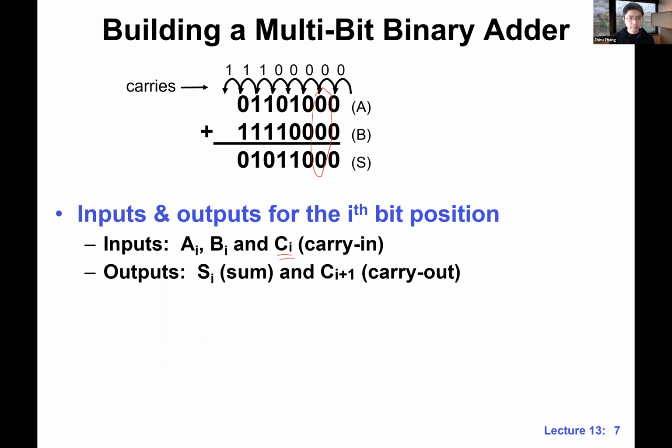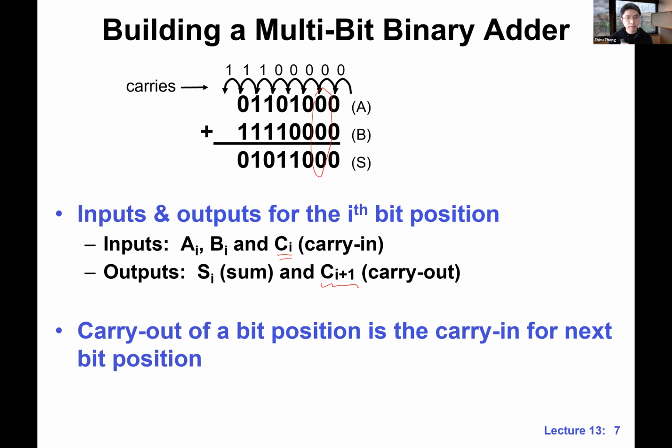This is our convention here. I think the textbook might be using a different convention, but in this lecture, when we say CI, not CI minus 1, CI means the carry in into the bit position I. And CI plus 1 is the carry out from the bit position I. Of course, SI, S sub I, is the sum bit.